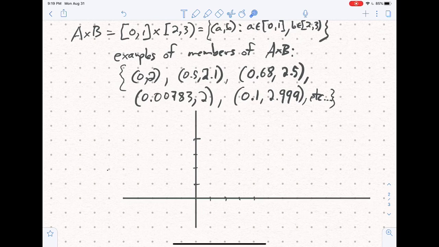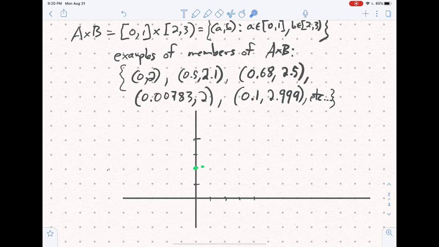Okay. So, let's go ahead and plot (0, 2). That's the first ordered pair here, and that goes here, where x is 0 and y is 2. We just draw that in the usual way. Then 0.5 is coming over to about here, and 2.1 is just a tiny bit above 2, so about right there. 0.68 is even farther over towards 1, but not quite all the way there.